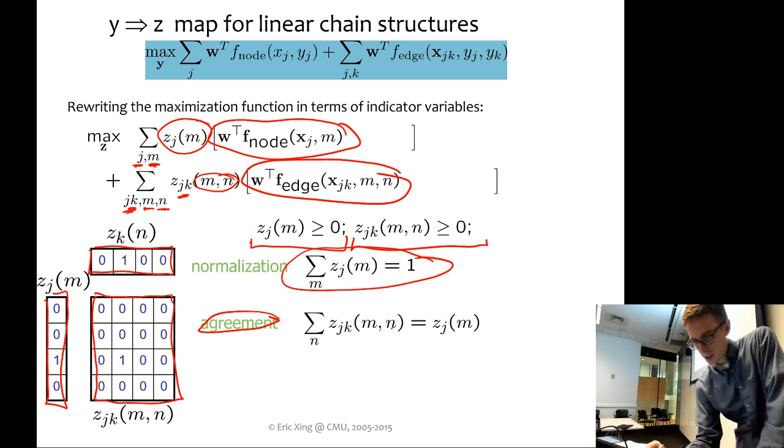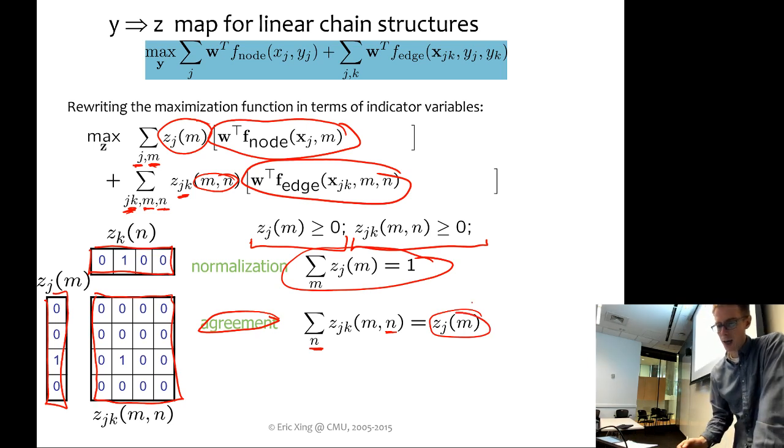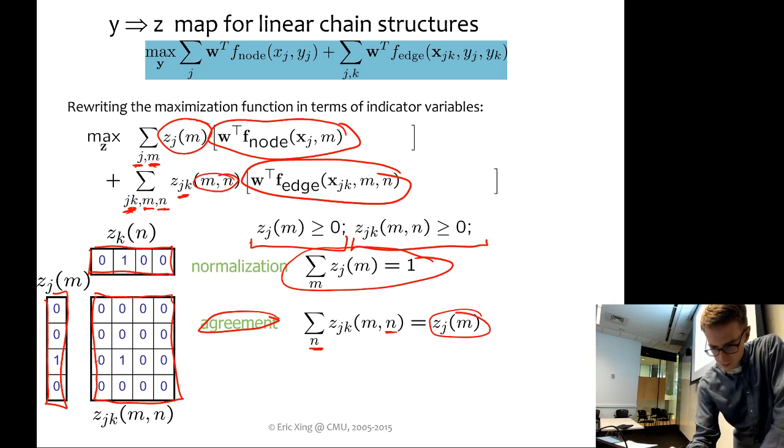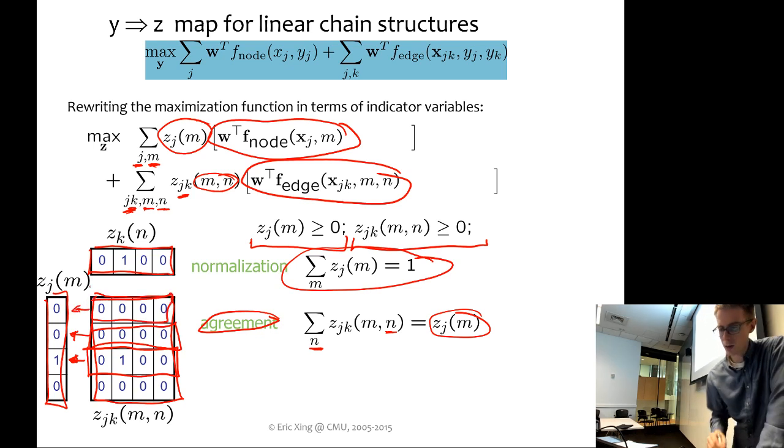So this is saying that the sum over n of z_jk is equal to the value m. Basically, we can look at that as: the sum of this row needs to equal 1, the sum of this second row needs to equal 0, the sum of this other row needs to equal 0, and so on.